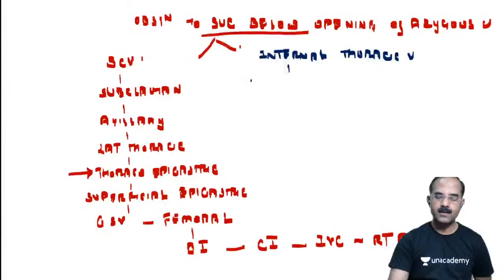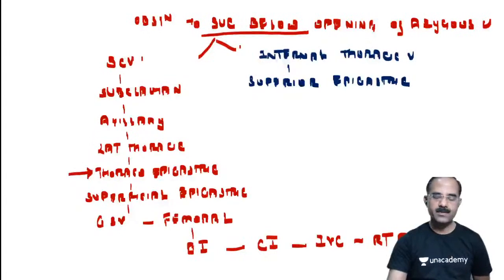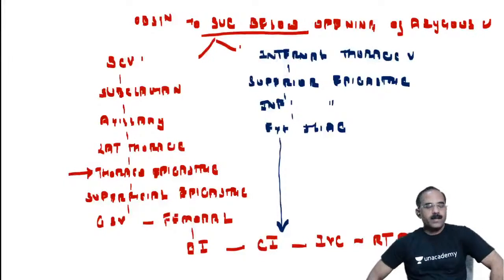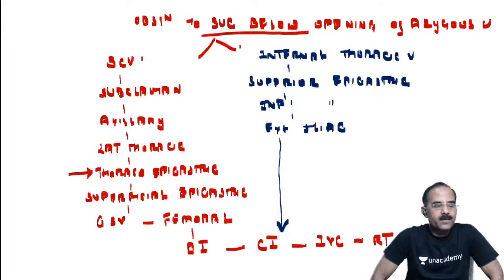Internal thoracic, superior epigastric, inferior epigastric, external iliac, common iliac, IVC, and right atrium.